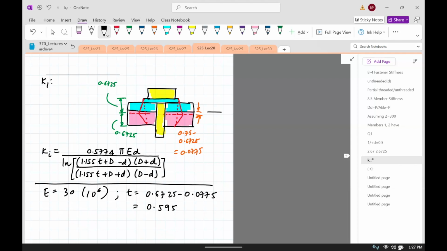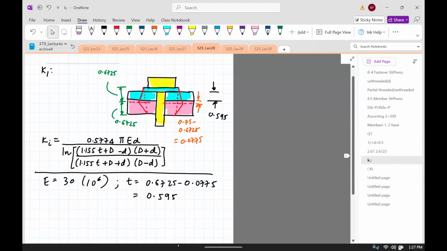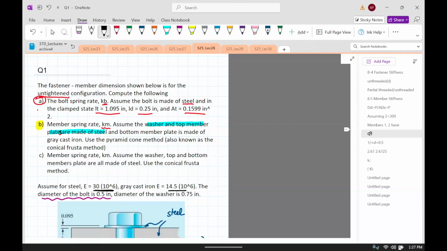So this distance. Okay. Next is small d. This lowercase d is actually the diameter of the bolt. That is probably given to us.